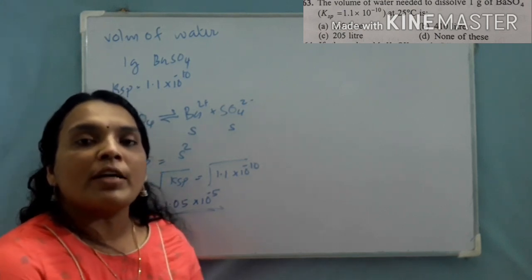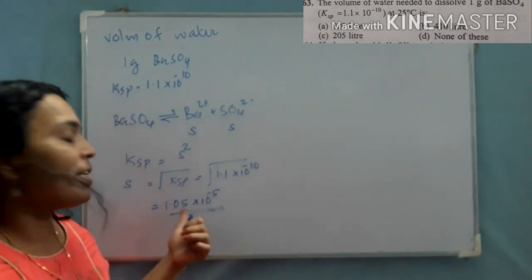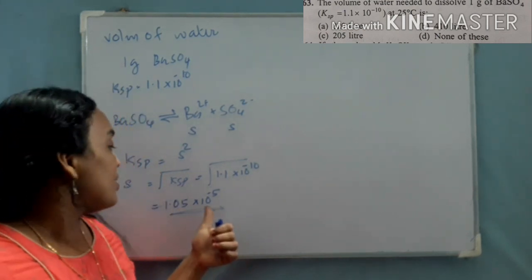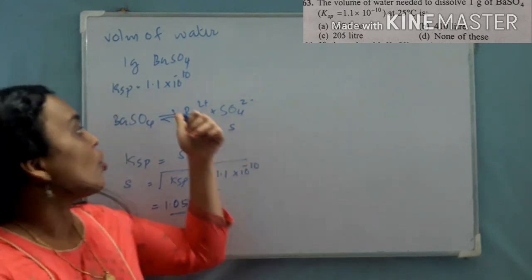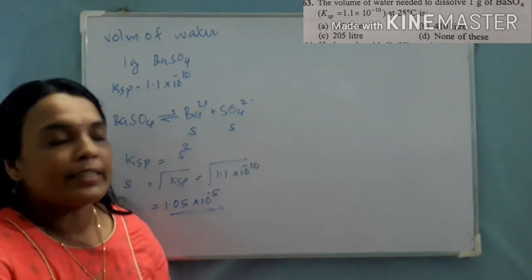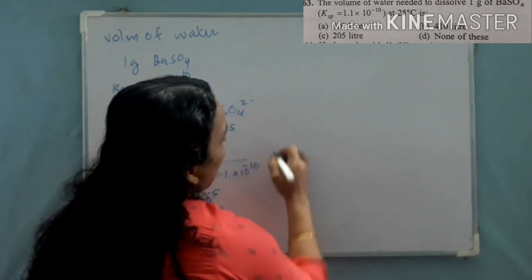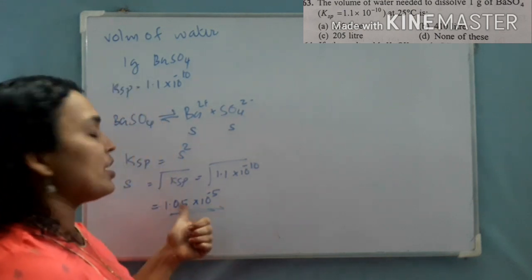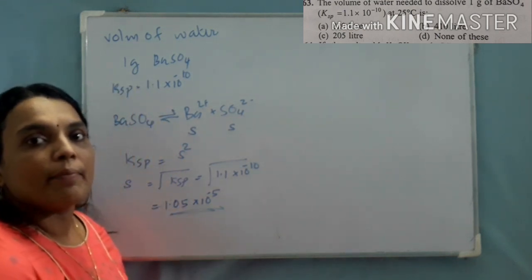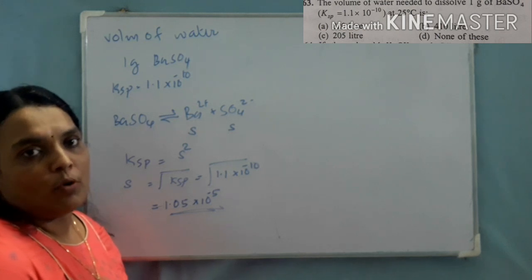So in 1 liter, the number of moles present is equal to 1.05 into 10 raised to minus 5 moles of barium sulfate in 1 liter. That means 1000 ml consists of this many moles.